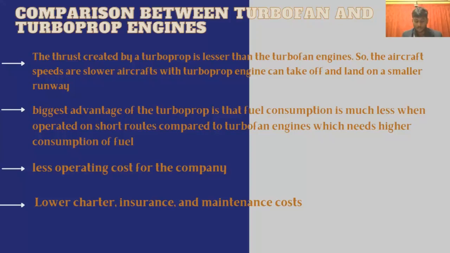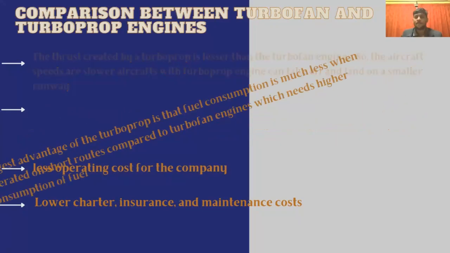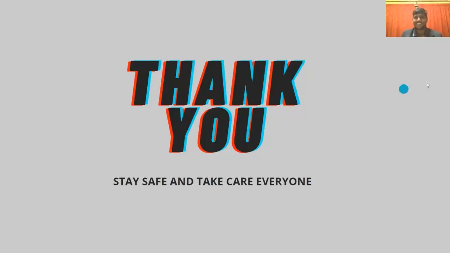This means lower operating costs for the company. So turboprop aircraft can be found as smaller, short-range aircraft at their most efficient operations. Moreover, the maintenance cost is also lesser for turbopropeller engines compared to turbofan engines. Thank you.